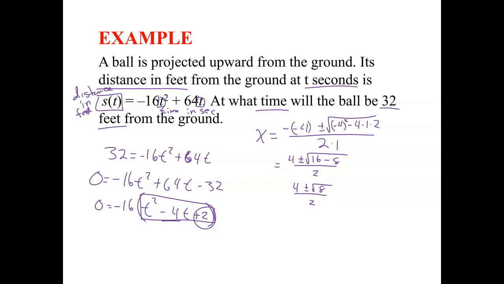We're going to have to round. So I want you to solve, because remember we have both possible answers, 4 plus root 8 over 2 and 4 minus root 8 over 2. Round to the nearest tenth, please. We'll do both of those.